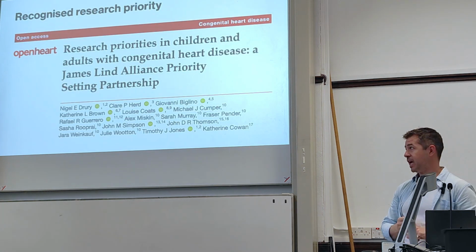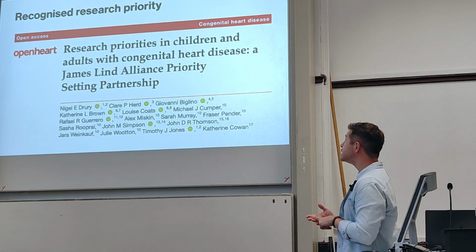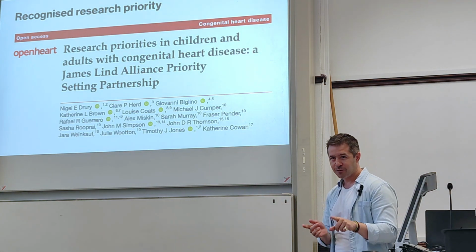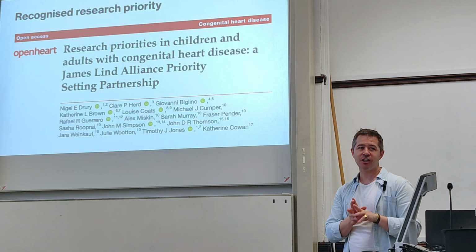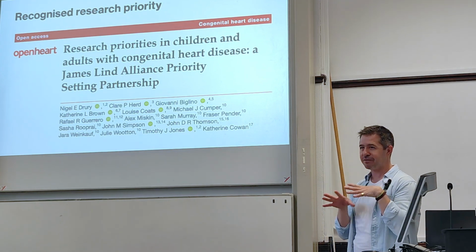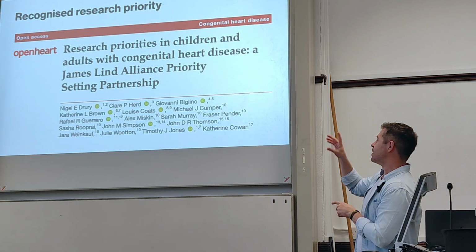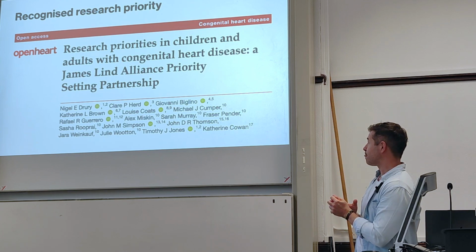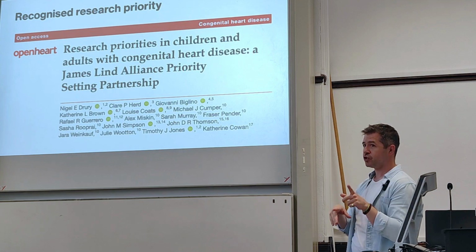And the final thing to say, because we spoke about PPI and relevance, what's also appealing, and it's also useful with what Maria was saying about NIHR, because it is a funding stream within a funding stream in a sense, is that we've run a James Lind Alliance priority setting partnership on congenital heart disease, both for children and adults.